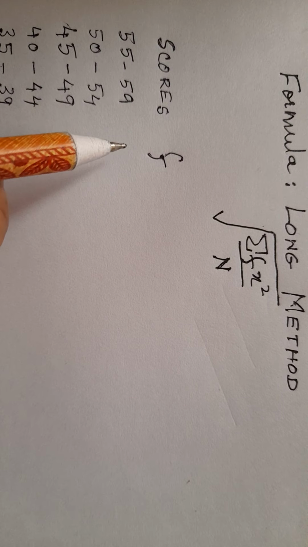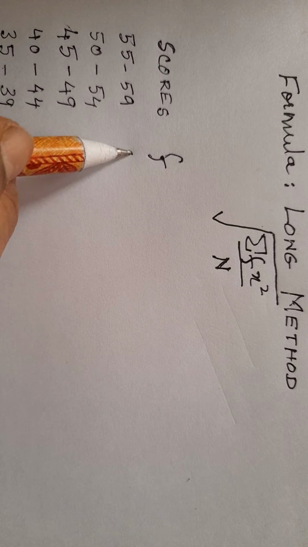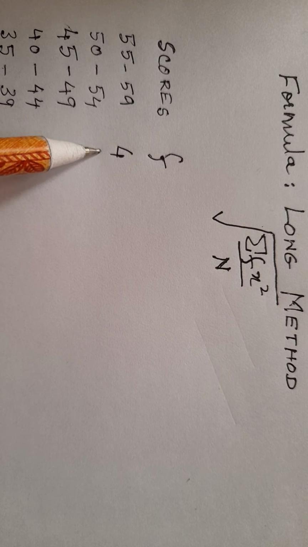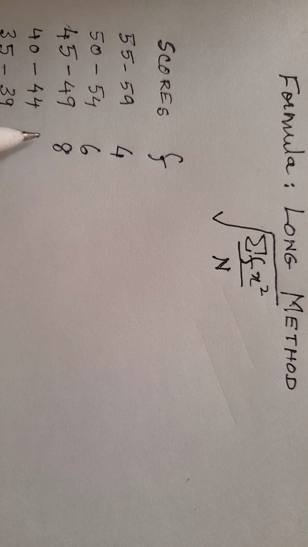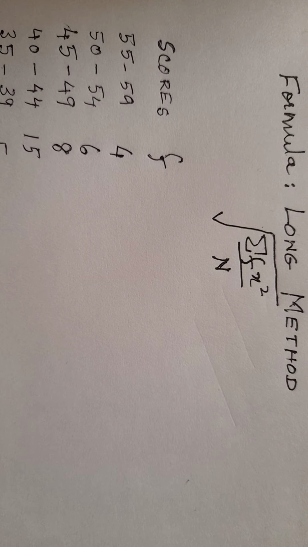Here the frequencies are 4, 6, 8, 15, 5, 3, 2, 2. The total number of scores is equal to 45.